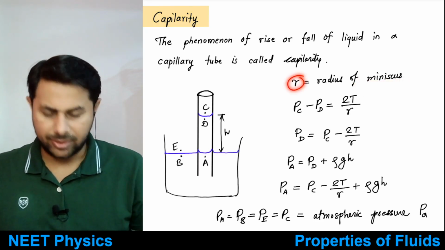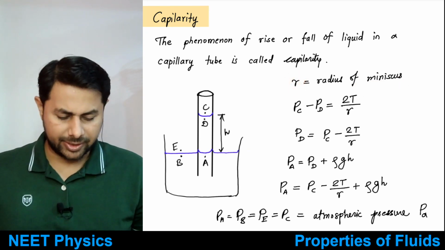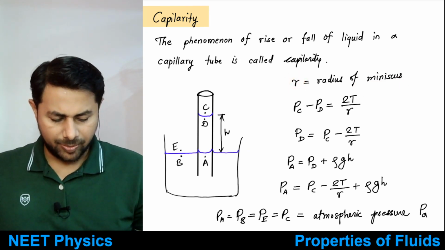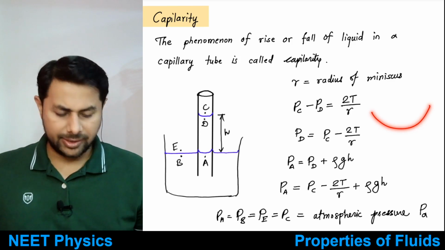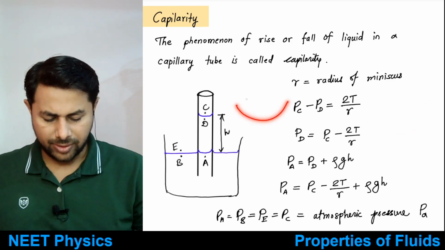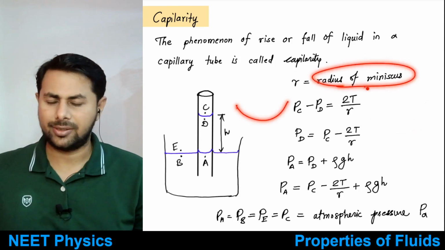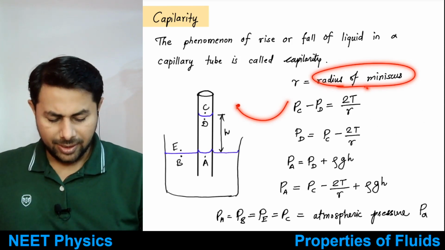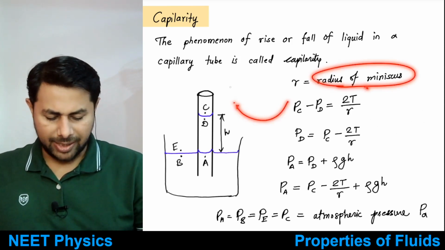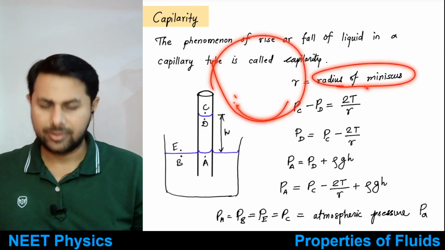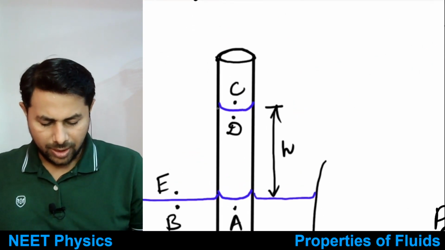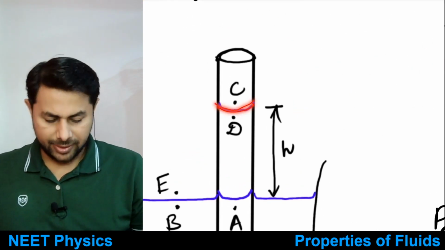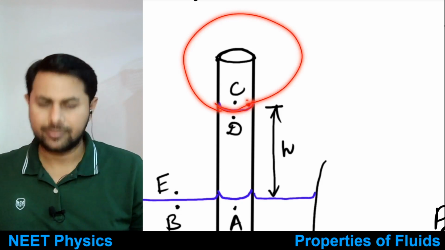It's not the radius of the tube, it is the radius of the meniscus. What does that mean? Suppose you have this meniscus like this. R is the radius of that meniscus, right? So this is part of some circle, you can say. Suppose you have a concave meniscus like this, it is part of some circle.